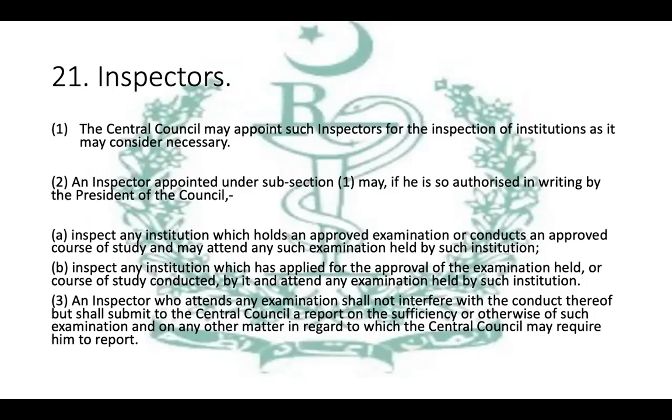So what they do, they have to appoint a panel of inspectors, two or three among the members.